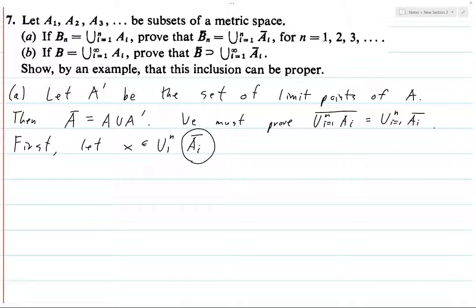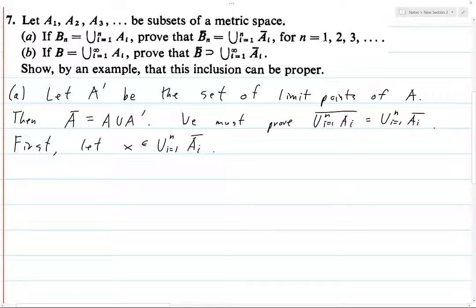You could automatically know we're doing the union from i equals 1 to n, because that's the only thing that would make sense. But in any case, at this point it makes more sense to be really explicit in notation.